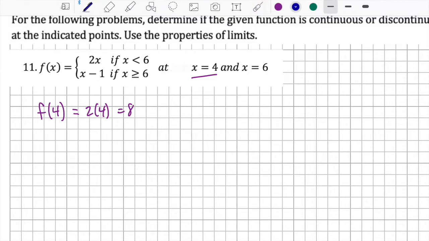So we say limit as x approaches 4. Well, that's going to be 2x, so you just plug it in again, and you get 8. So now the second condition is met.